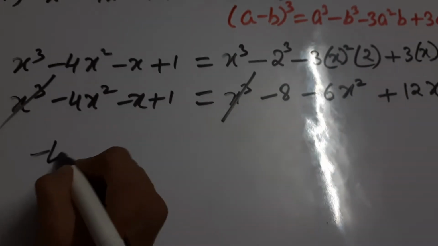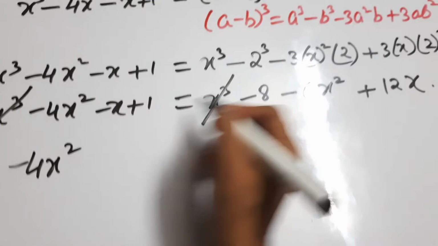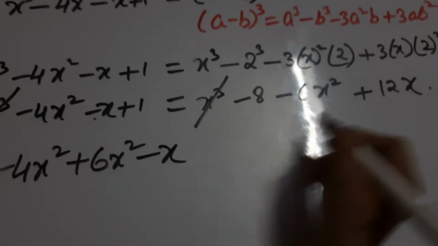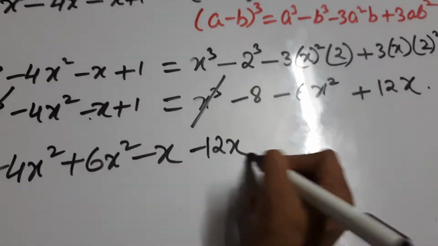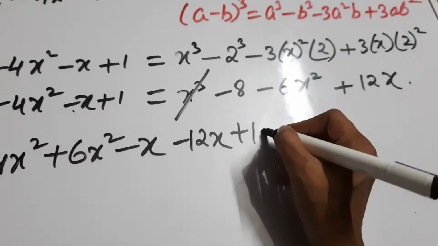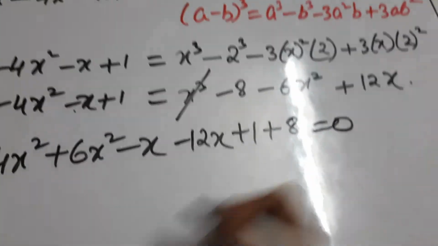Minus 4x square, let us combine the like terms, plus 6x square. Then minus x minus 12x plus 1, when it will go to left hand side it will become plus 8 is equal to 0.